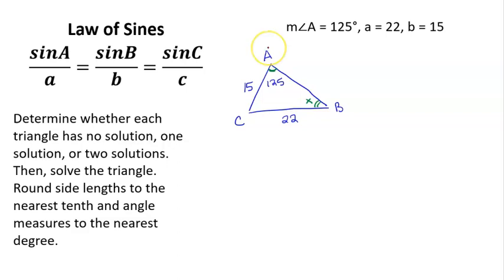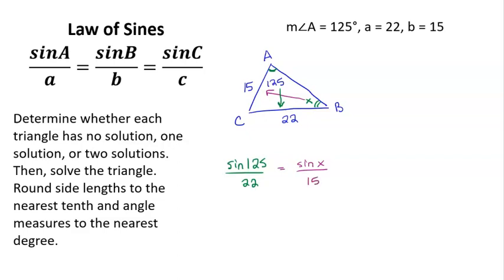So we've got x across from 15, and then we've got 25 across from 22. So we have the sine of 125 over 22 is equal to the sine of x over 15. Don't forget you're using those degree measures with your sines.